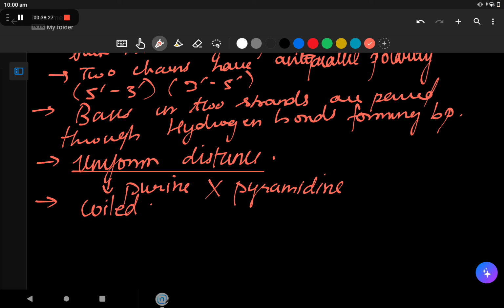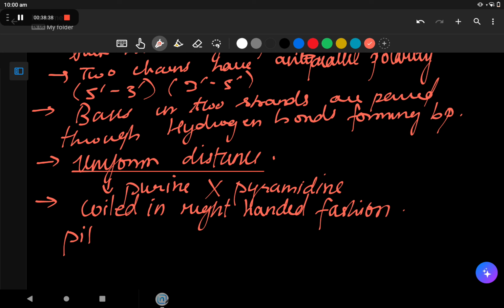Coiled in right-handed fashion. The pitch of the helix is 3.4 nanometer and roughly 10 base pairs per each turn. In each turn, like this, there will be 10 base pairs.